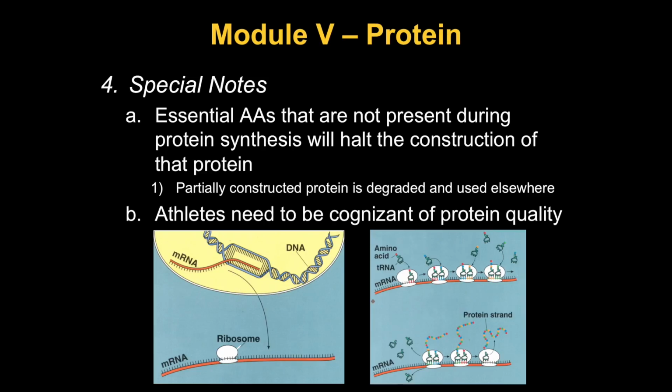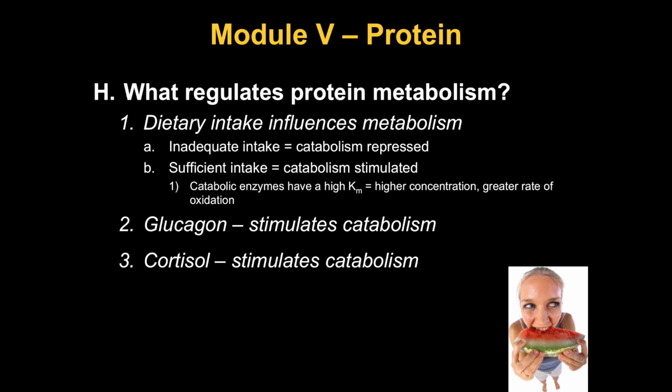So what regulates protein metabolism? Well, a good part of it is going to deal with dietary intake. So that's really going to influence the metabolic processes. If you have an inadequate intake of protein, that will actually suppress catabolism. So we don't really utilize protein for energy, at least we try not to, when the intake is lower than it should be.